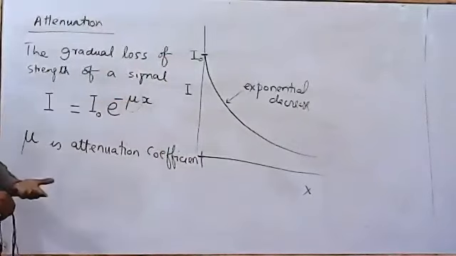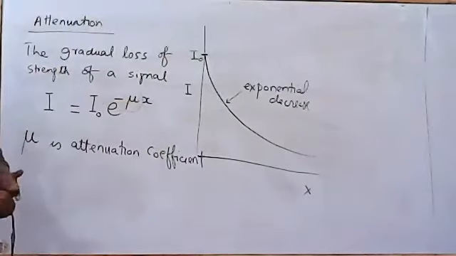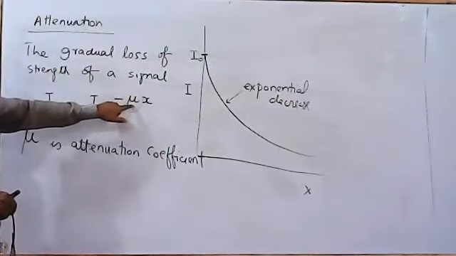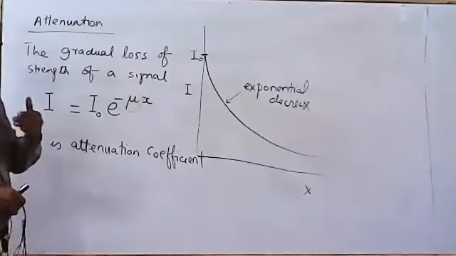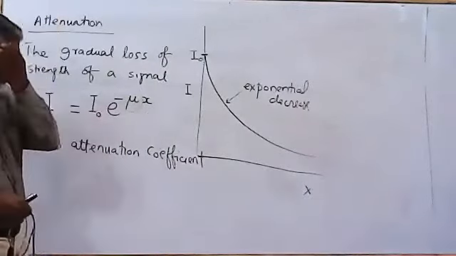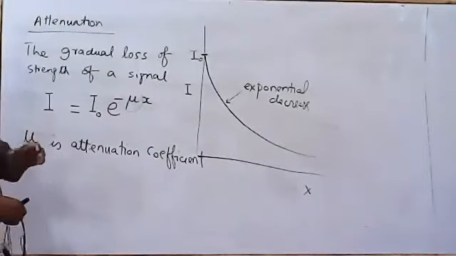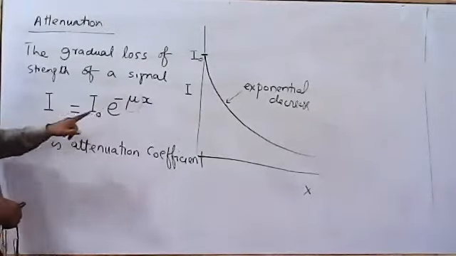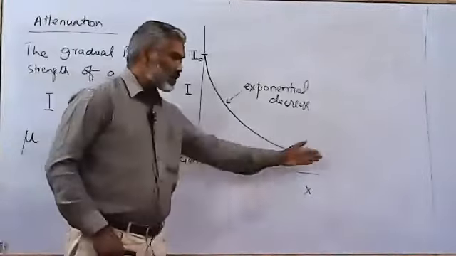But if for some media mu is small, usually mu is large for bones. So denser media like bones have a large value of mu, so naturally ultrasound will not be able to pass through them. They quickly lose their strength, but compared to some other media which don't have a large value of mu, the intensity will not be lost that quickly, so a large distance is covered.